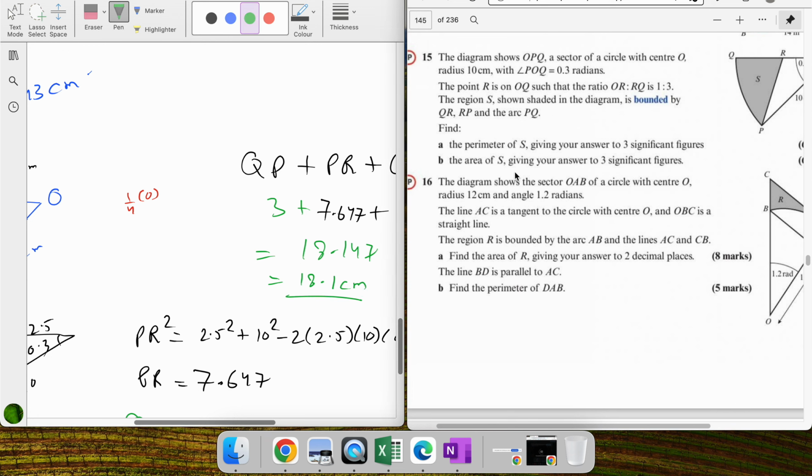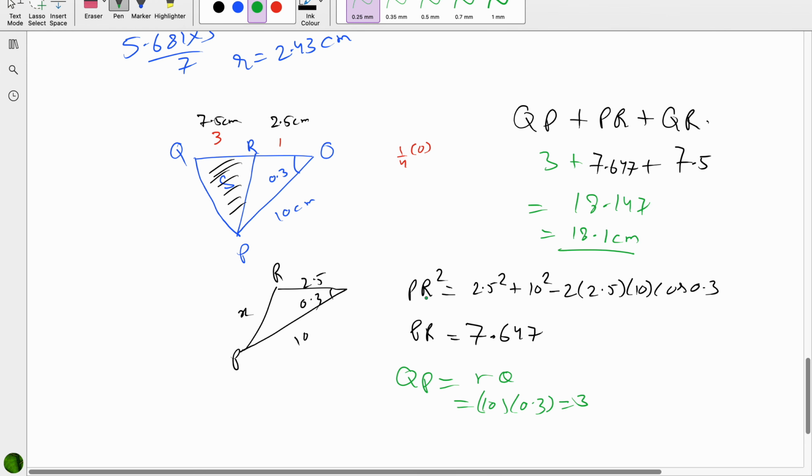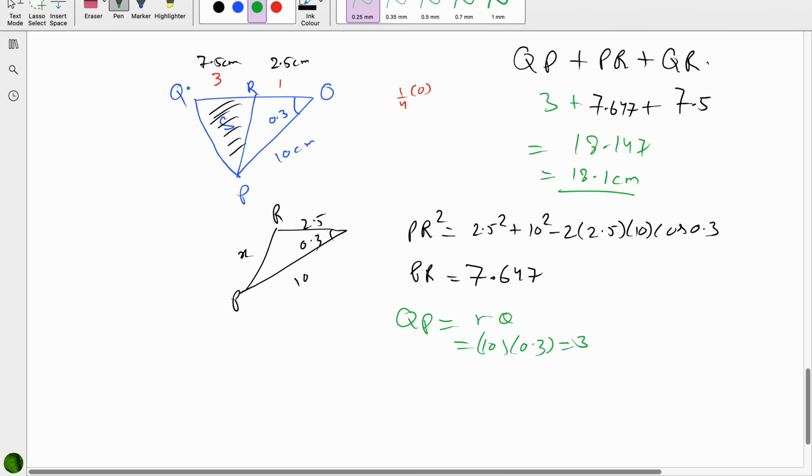B part, the area of S, giving your answer to three significant figures. So area again. Area of S would be the complete area of the sector minus the area of the triangle, which is PRO.